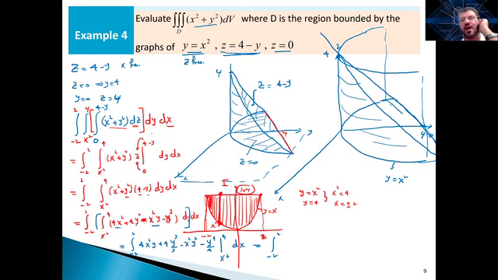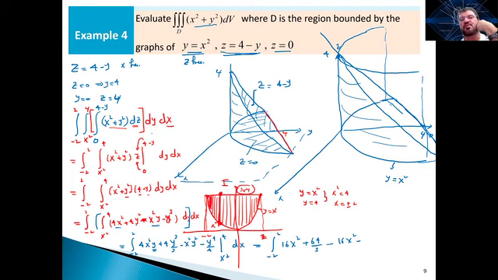Now, this is equal to the integration, negative 2 to 2. Let's put the 4 for the y. Don't forget we're integrating with respect to y. So 4 times 4 is 16x squared. Then put the 4 here. 4 cubed times 4 is 4 to the 4. 4 to the 4 is 64. 16 times 16, I think 64 over 3. Minus, put the 4 here. 4 squared is 16 x squared minus, put the 4 here.